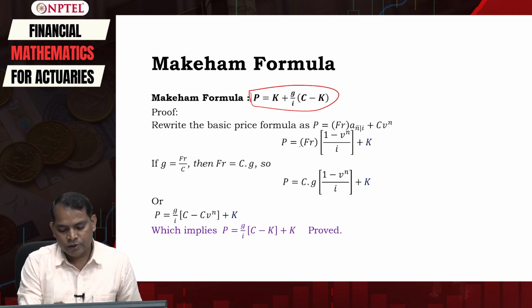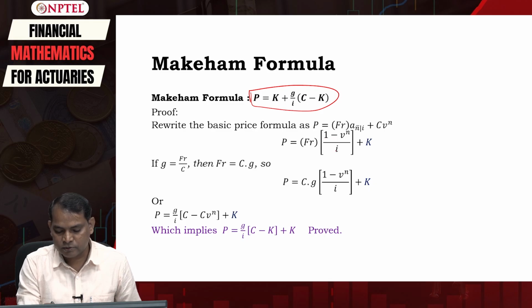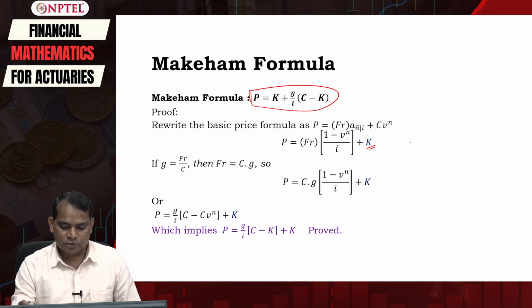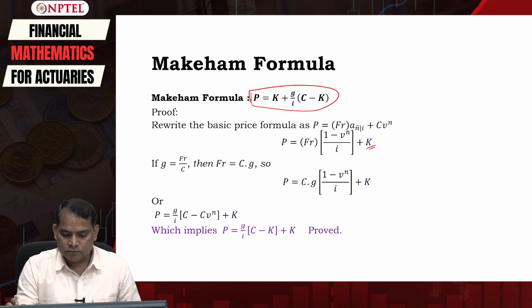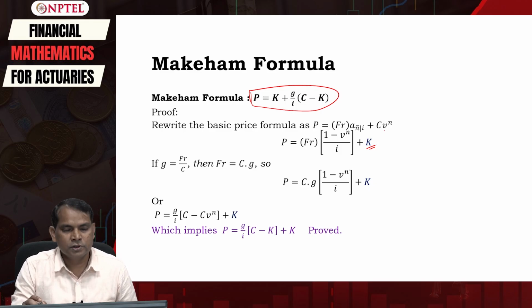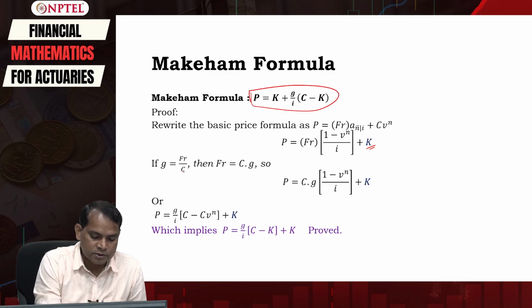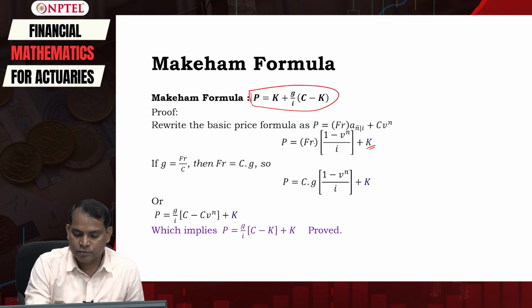So P is equal to Fr times 1 minus V to the power n divided by I, plus K, since we have understood that K is equal to C V to the power n. Note that given G is equal to Fr divided by C, we can compute Fr is equal to Cg, and therefore you replace the value Cg for Fr here.